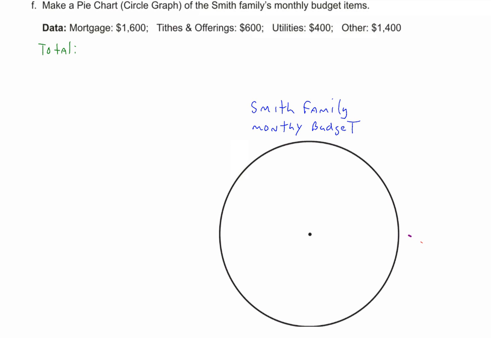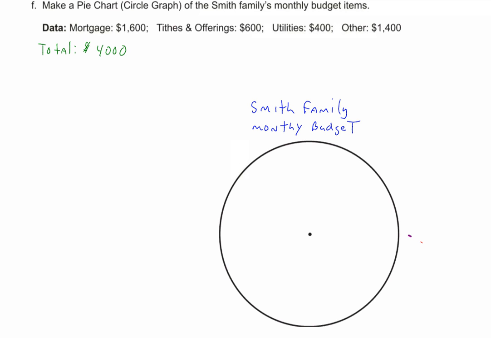Allison, it is 4,000. So I always start with the total because I need that piece of information. Now, I like to start with the biggest piece. That's personal preference. Do you have to? No, but I like to start that way.